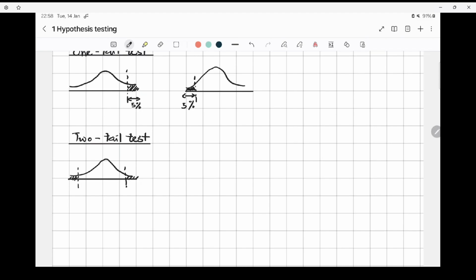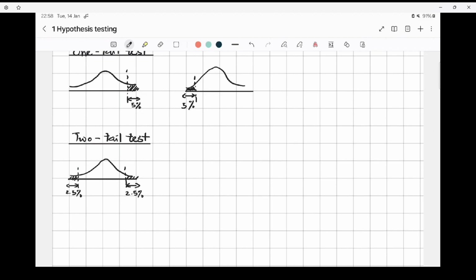So a two-tailed test basically tells you that on the left and on the right, you have to test. So this critical region on the left will be at 2.5% of significance level. On the right, it will also be 2.5%. So the middle will be your acceptance region.